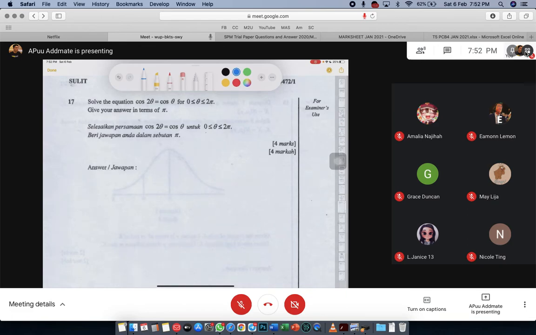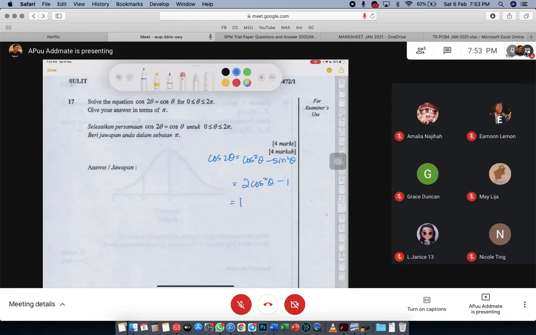What is your idea? First thing is that your cos 2 theta, you have to change. There is a formula in your double angle. So now I give you the formula, you pick which one to use. Cos 2 theta equals to cos square theta minus sin square theta. This is 1. Another one is 2 cos square theta minus 1.